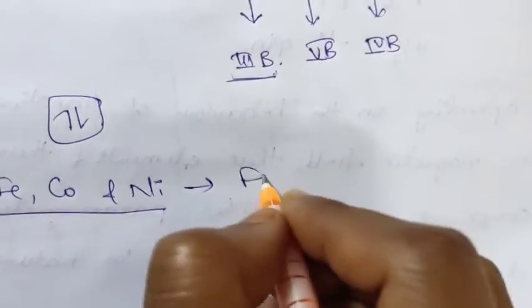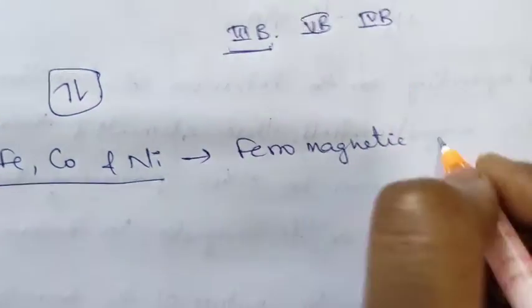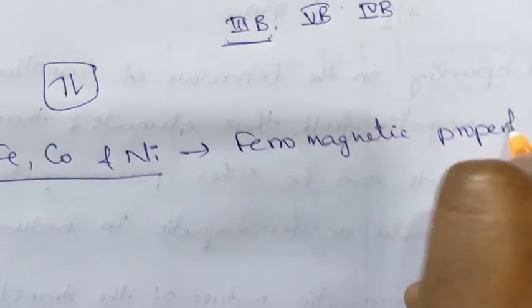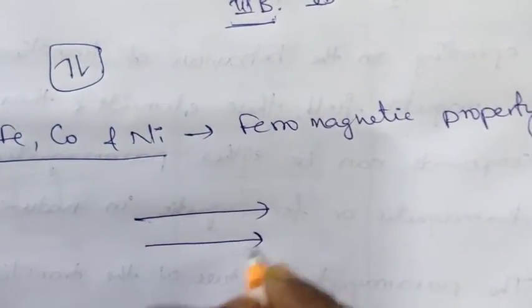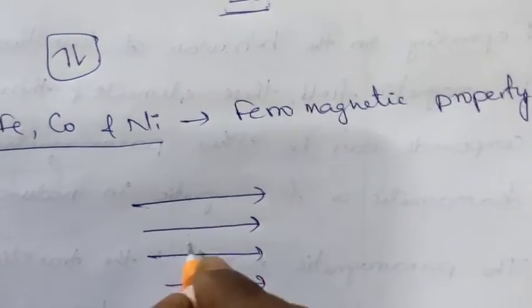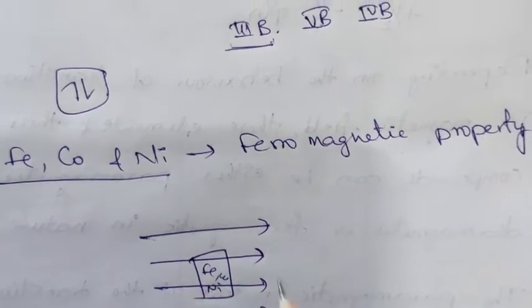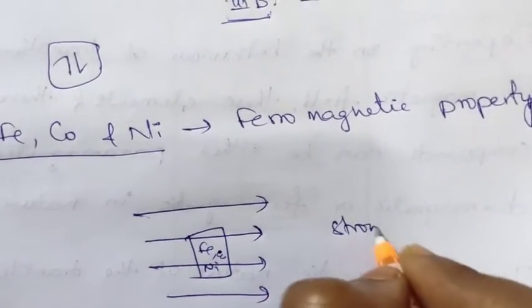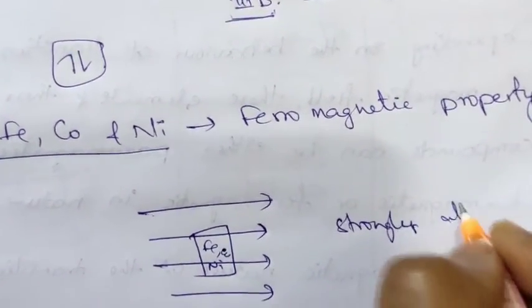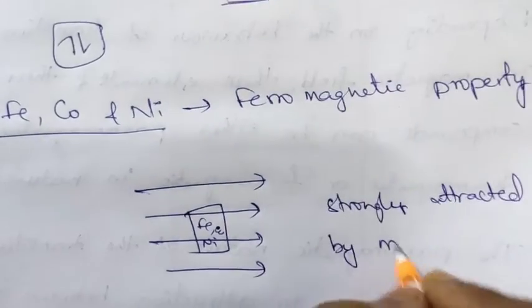They show the ferromagnetic property. Here this is the magnetic field and these are the iron, cobalt, nickel substances. These substances are strongly attracted by the magnetic field.